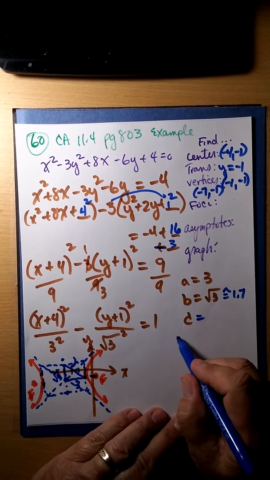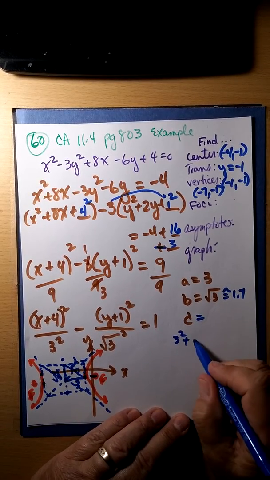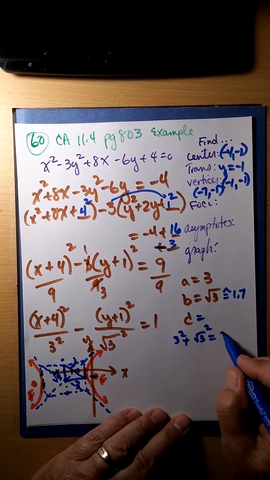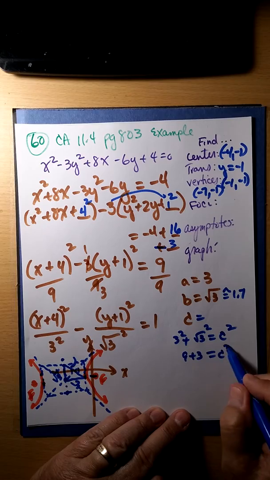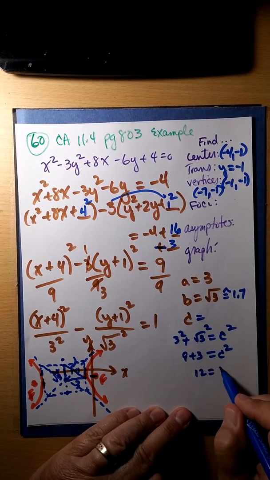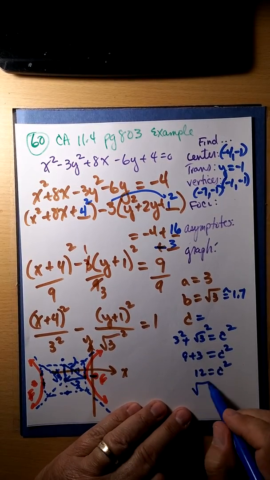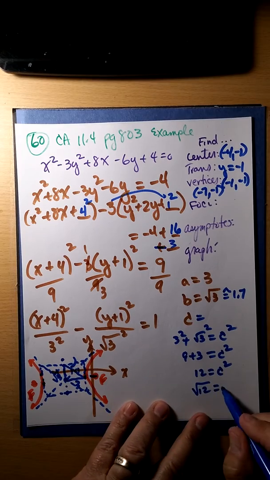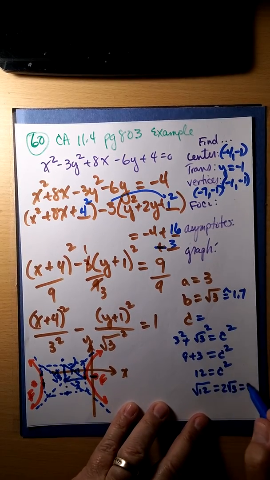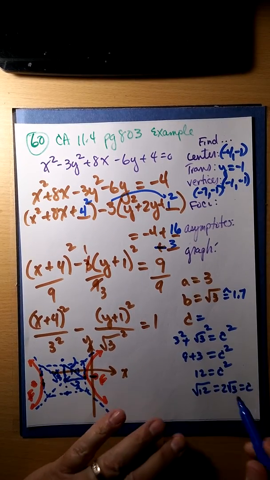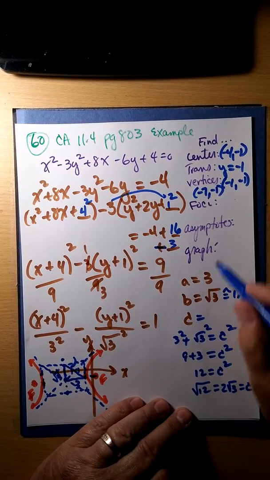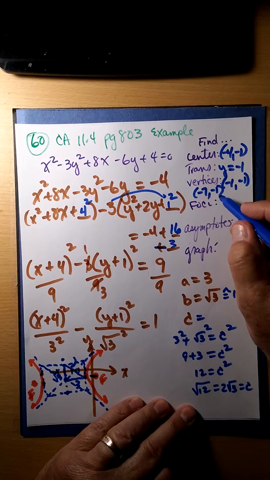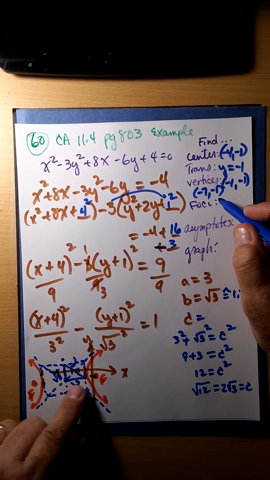So a squared, 3 squared, plus b squared, square root of 3 squared equals c squared. 9 plus 3 is c squared. 12 is c squared. So the square root of 12, which is the same as 2 times the square root of 3, is c. And then we can find our foci by taking the x value.